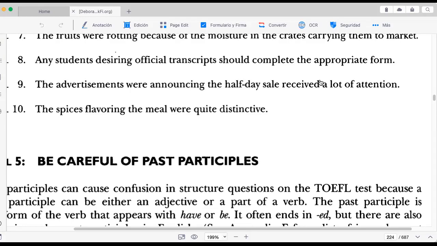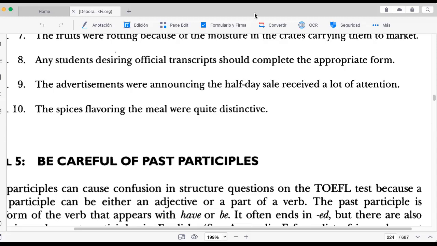And number 10: the spices flavoring the meal were quite distinctive. What do you think? Tell me, tell me. It's correct. That's right. Why?